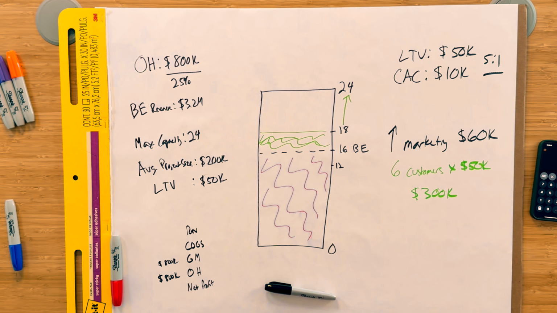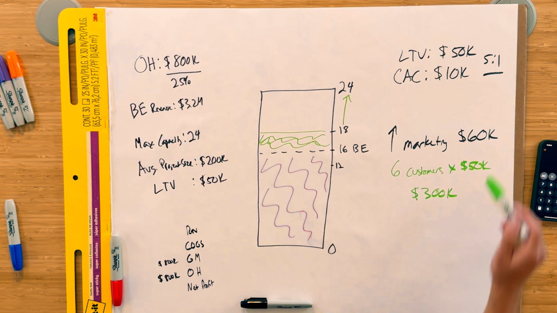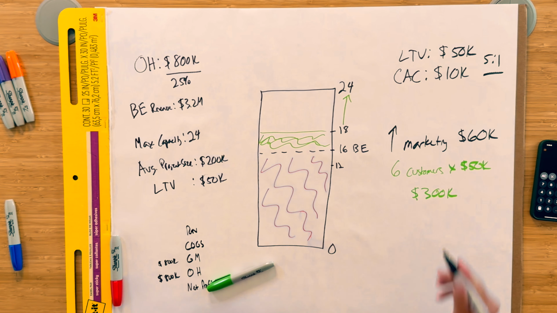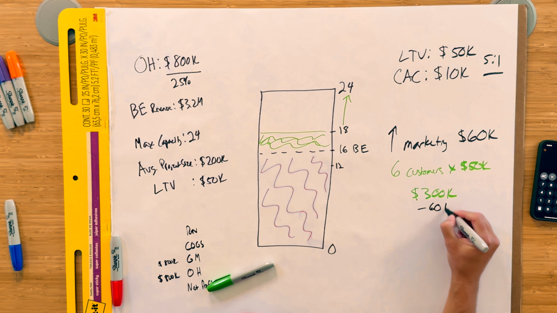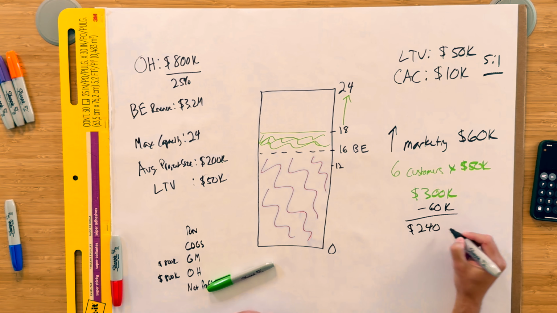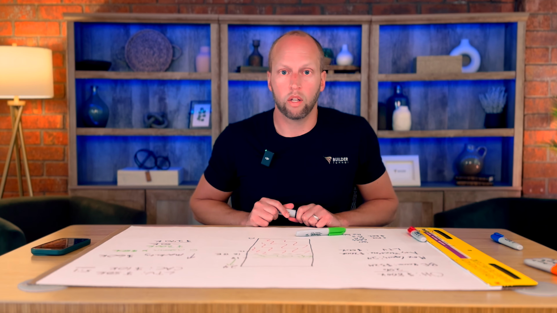So we're saying, hey, we've got this machine, it's running, it costs us 10 grand to bring in a customer, we need 6 more, let's put in another 60, and we're going to get 300 back. And so then if we do that, it costs us 60 more, and so we are left with $240,000 in additional net profit.